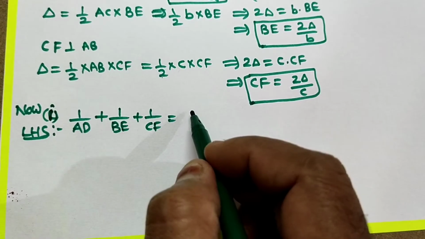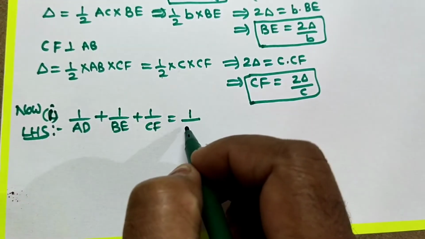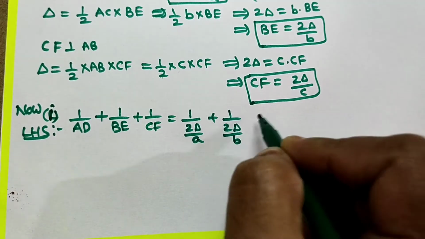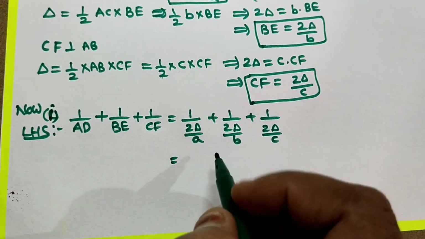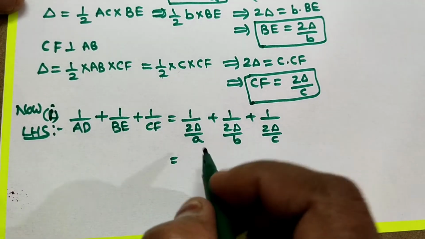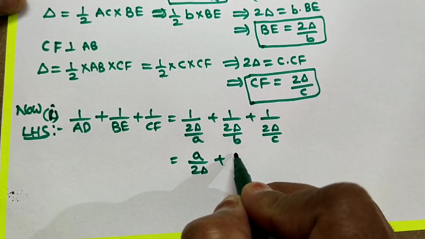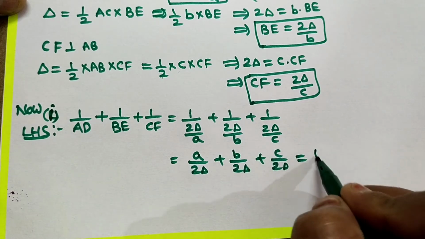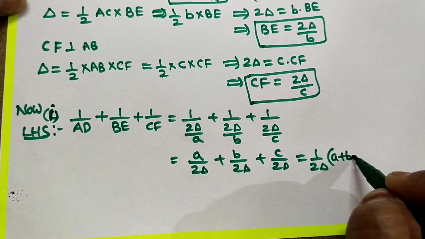The AD value we got as 2 delta by a, plus 1 by 2 delta by b, plus 1 by 2 delta by c. Denominator of the denominator goes to the numerator, so a by 2 delta plus b by 2 delta plus c by 2 delta. Take common 1 by delta from all, and you will get a plus b plus c.